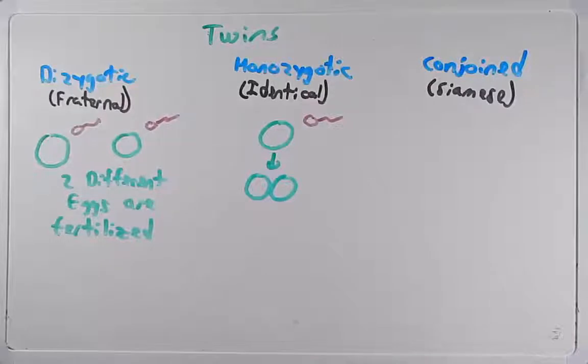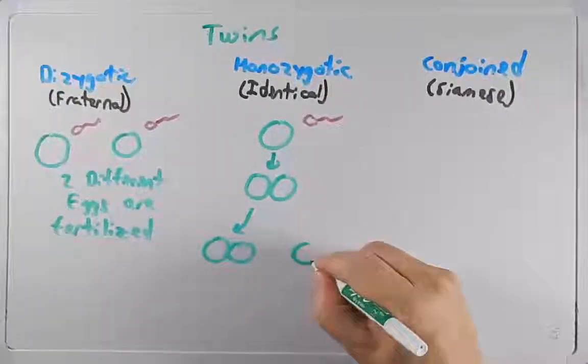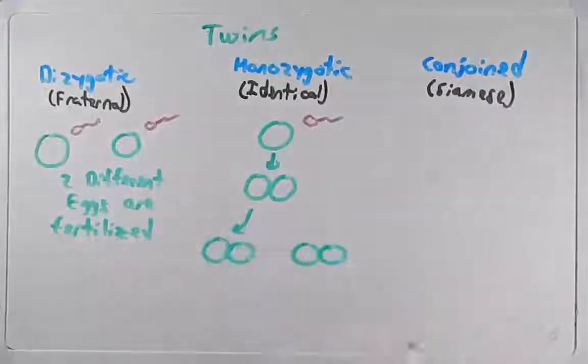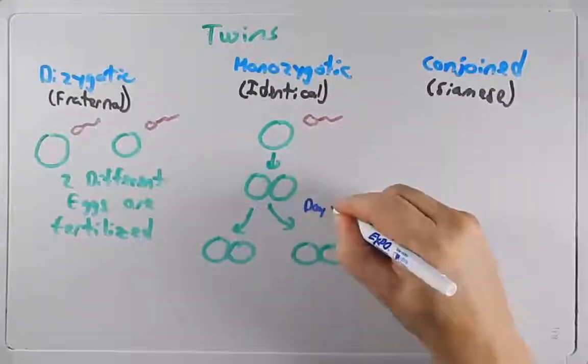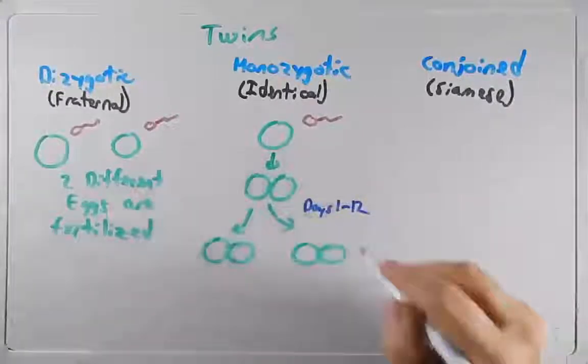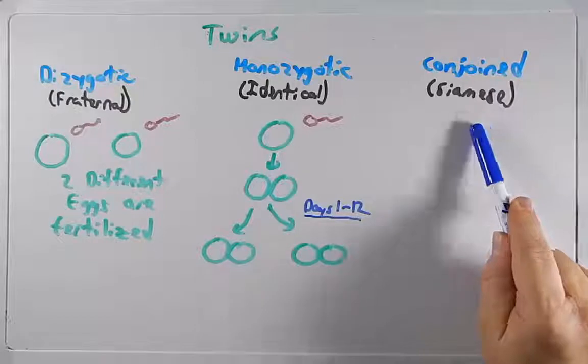And then sometime during early development, it will split, and you will begin to form two separate embryos. If it happens roughly between days 1 and 12, you will end up with a monozygotic twin. You should know that if it happens between days 13 and 15, you will end up with a conjoined twin.